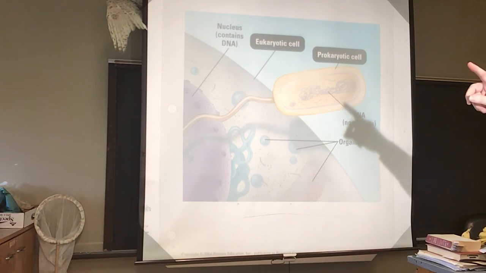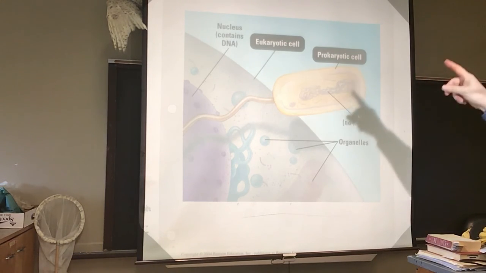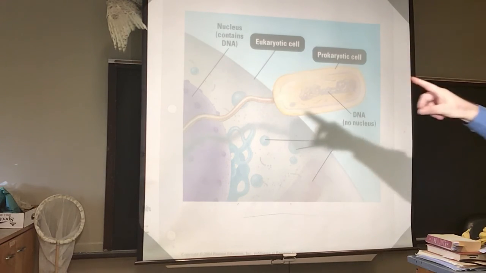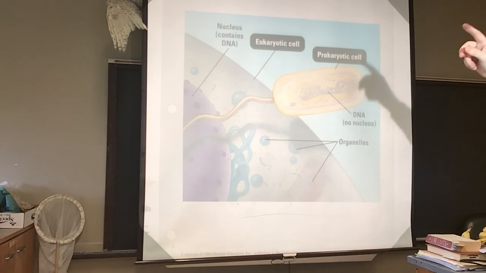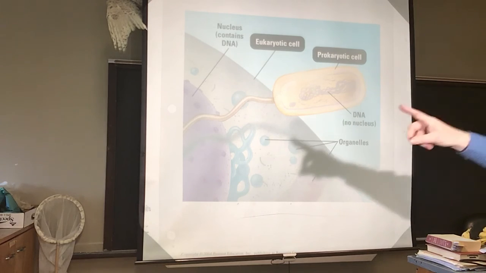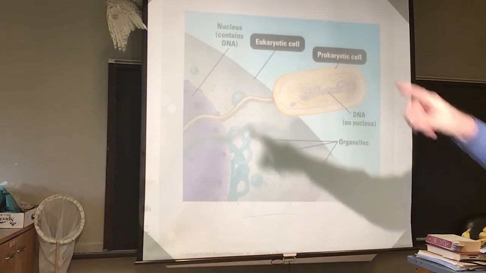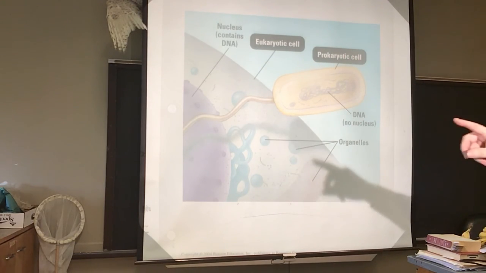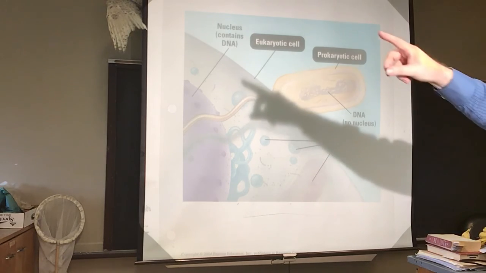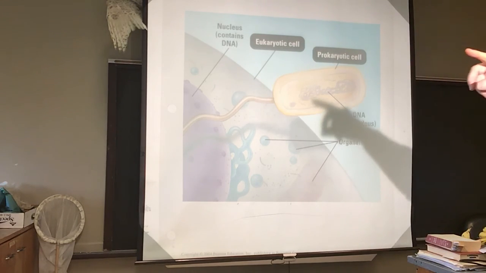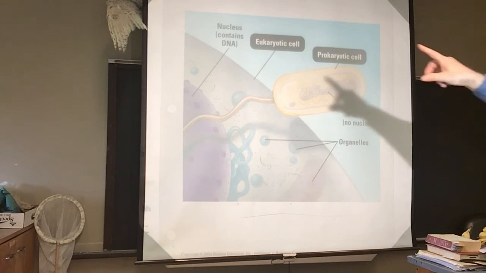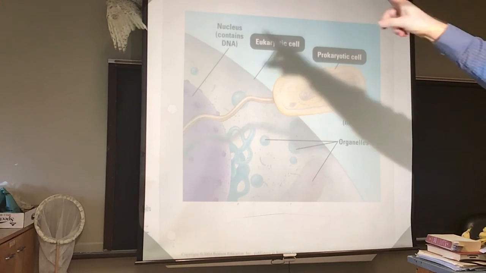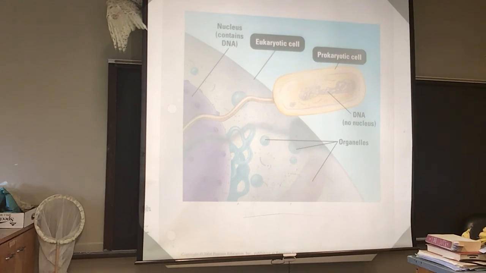Prokaryotic cells don't have chambers in them that are separate from the membrane. Sometimes the membranes fold in, but they don't form bubbles, they don't have a nucleus, they don't have a whole bunch of things inside them that eukaryotic cells, our type of cells, have. So we've got 2 kingdoms that are these guys, and 4 kingdoms that are these guys.